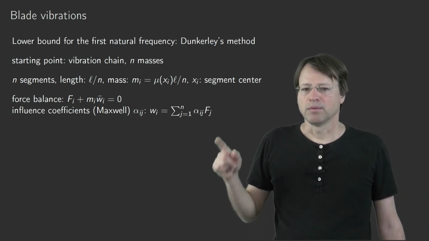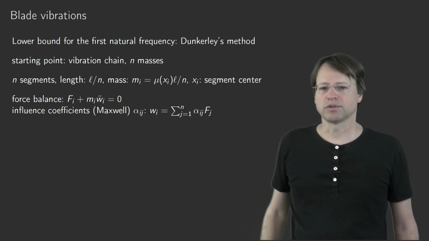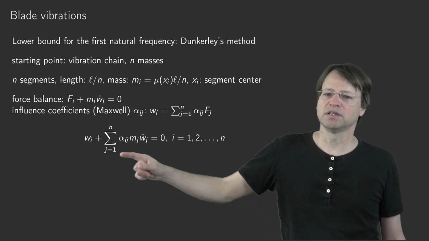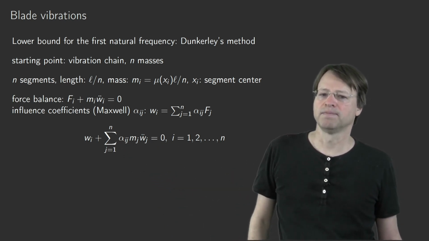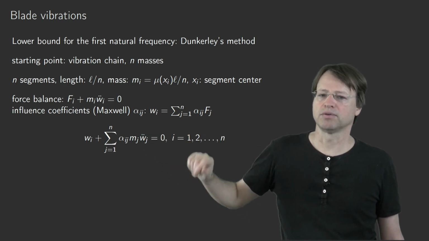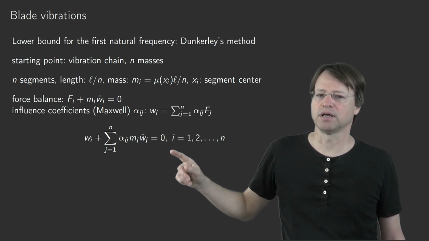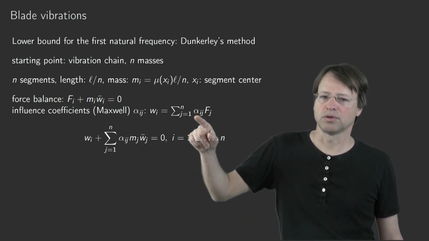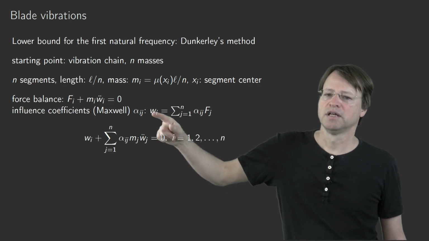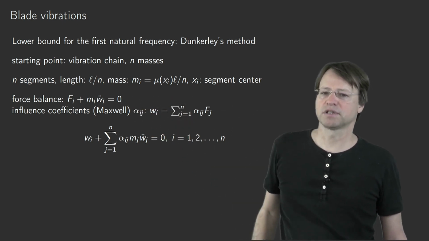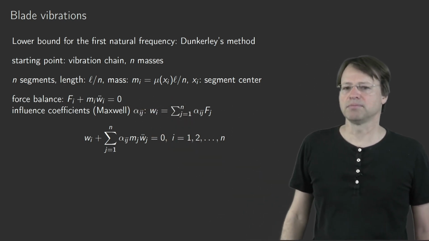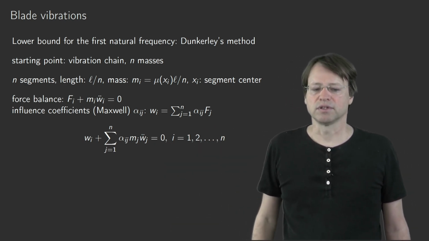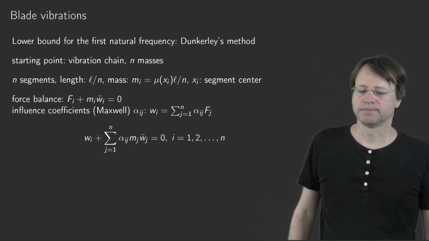So we insert the inertial forces into the second equation to yield W sub i plus the sum from j equal 1 to n of alpha ij m sub j W sub j double dot is equal to 0. The inertial forces appear in the sense of D'Alembert with a negative sign. And this would now be the equation that governs our vibration chain.